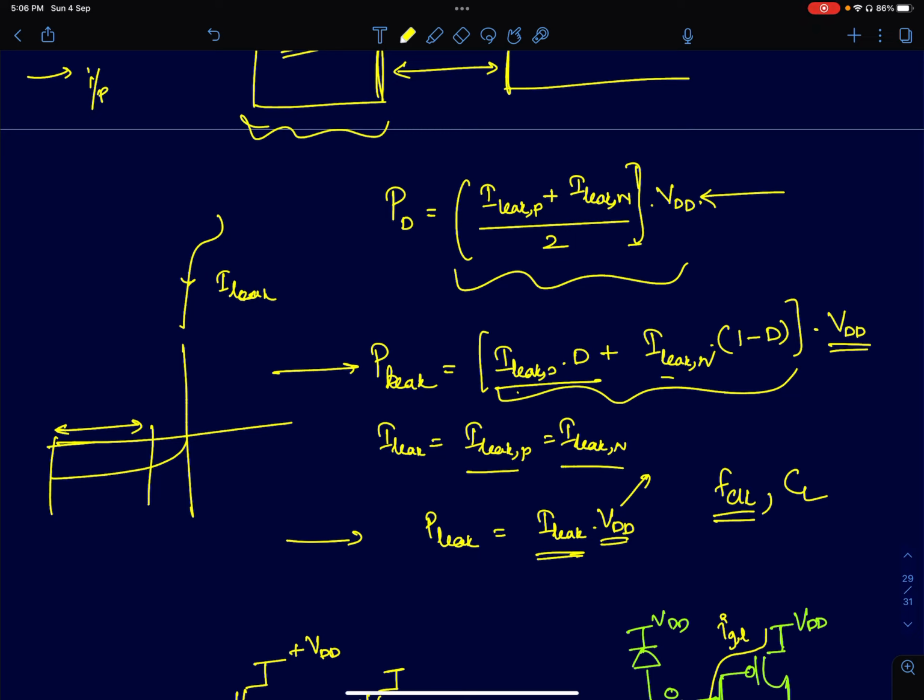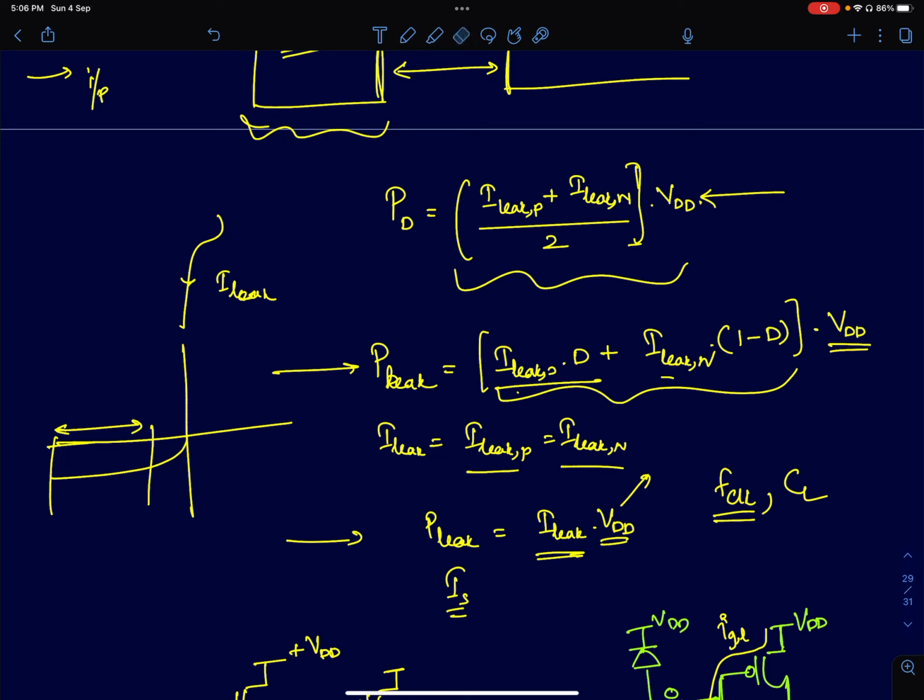I'll probably discuss this in a course on devices, but any textbook on basic device physics will tell you that if you increase your temperature, your intrinsic carrier concentration will increase, and that will also increase your reverse saturation current. So the reverse saturation current in a diode will increase exponentially with temperature. So leakage currents will shoot up exponentially at high temperatures.